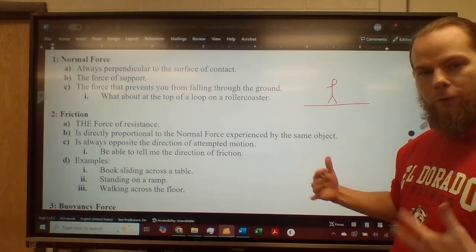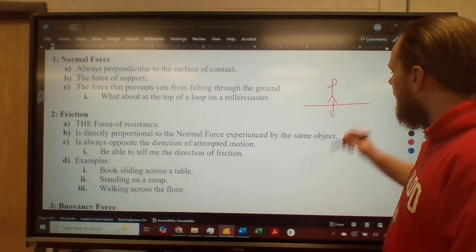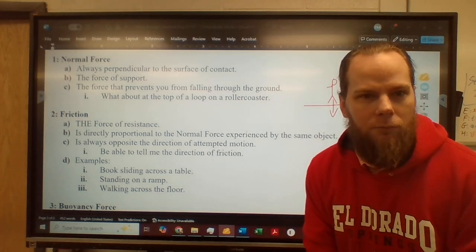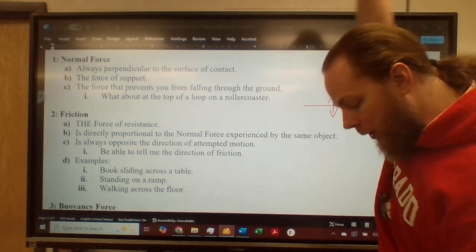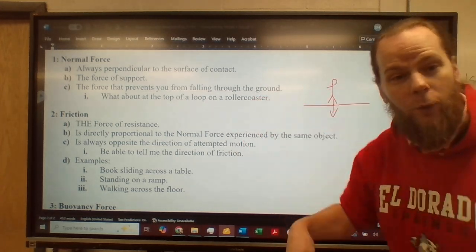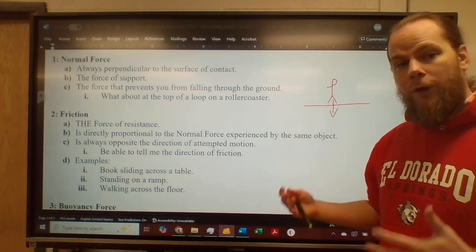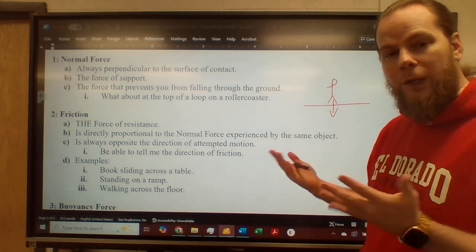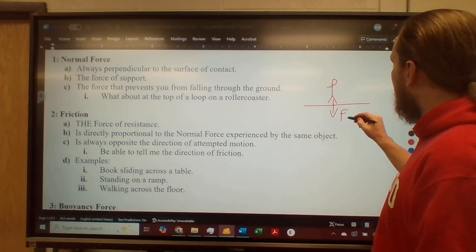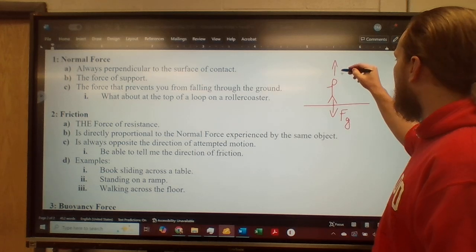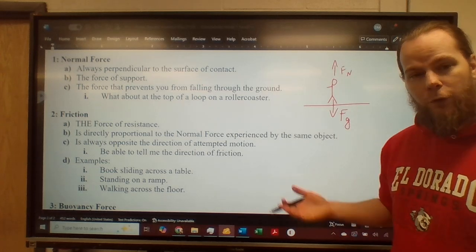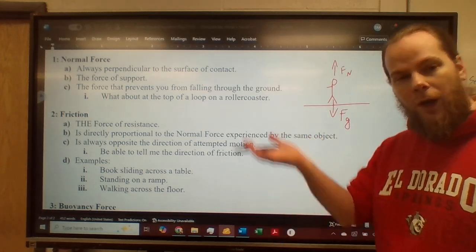So gravity is pulling me down. Well, why am I not falling? Gravity is trying to make me go that way, but I'm not going that way. Well, because I'm standing on the floor. The floor is supporting me, exerting a counter force to gravity. So the normal force in this case is up.